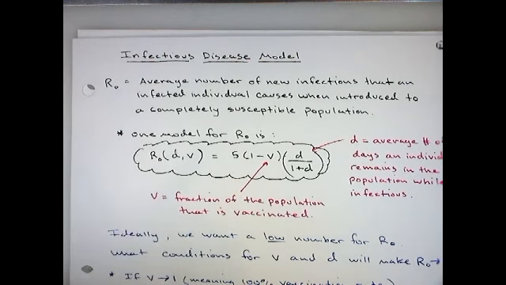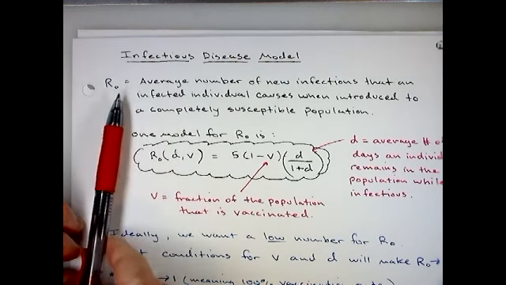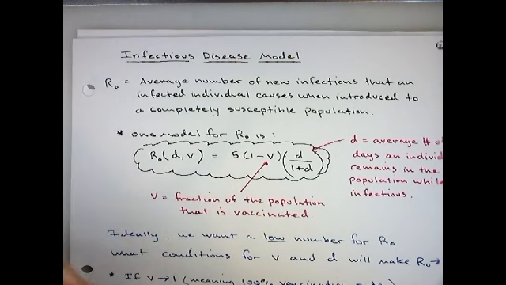And it's a very important number in the science of epidemiology. Public health officials, when they want to quantify how infectious or contagious a disease is, the common measurement is to find the R naught number.